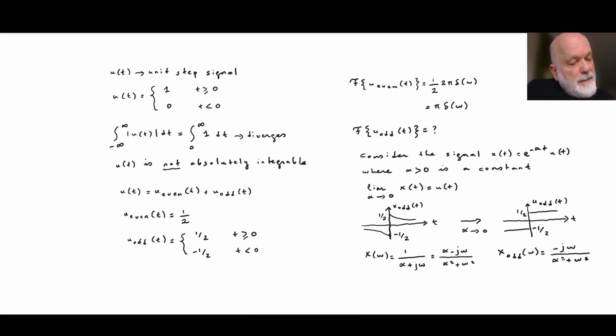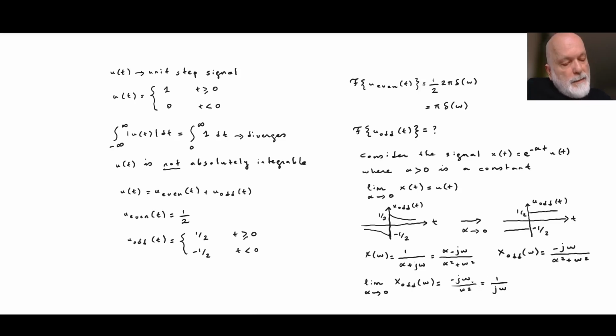So when alpha tends to 0, the limit of X odd of omega is equal to minus j omega over omega square. So this is equal to 1 over j omega. Remember, minus j is equal to 1 over j.